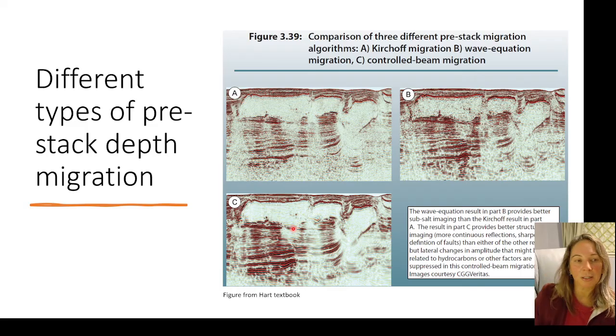One of the most basic ones that you hear of is Kirchhoff migration. There's also wave equation migration, there's controlled beam migration, and there's more methods also that have come out. And so you can see that all of them give you slightly different images. Depending on what you're trying to do with your seismic interpretation, if you have the choice, you may want to think about what type of migrated data to use.